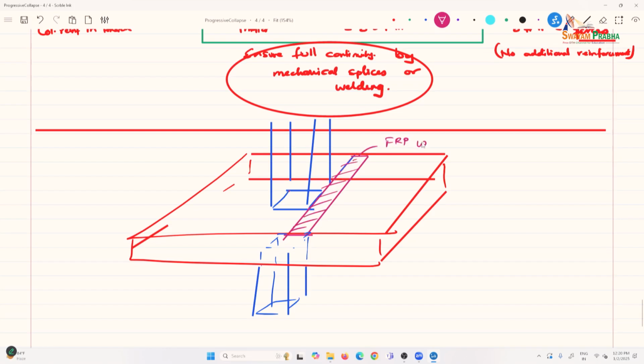Yeah. What's that? Retrofitting. Yeah. So an FRP wrap, fiber reinforced, can go around in this manner. So that is one retrofit option. There could be other retrofit options as well.